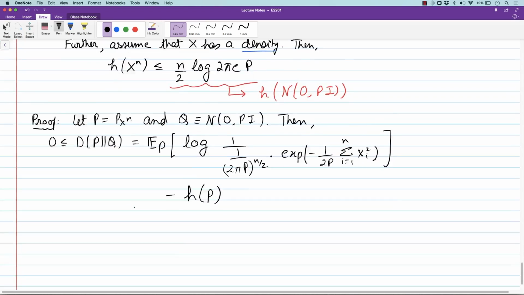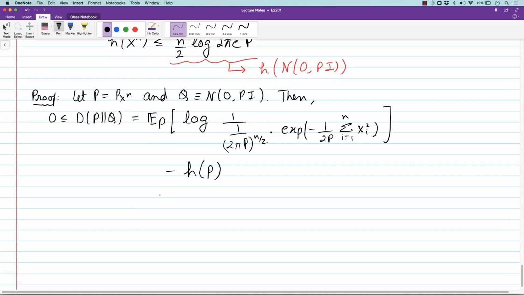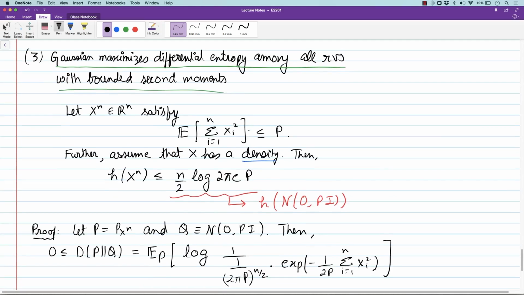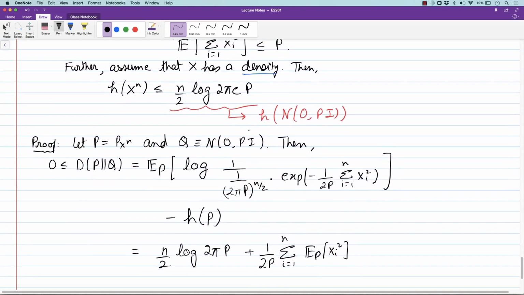So this first expression, when you simplify things, just becomes n by 2 log 2 pi P plus 1 by 2P summation i equal to 1 to n of expected value under p of xi square, times log e, which remains.